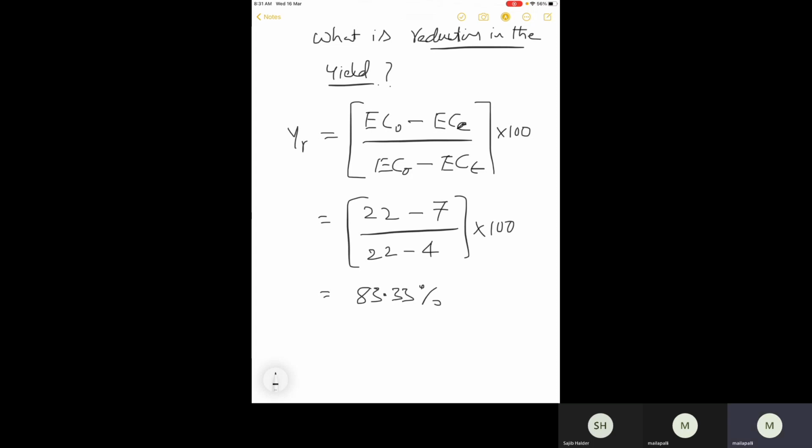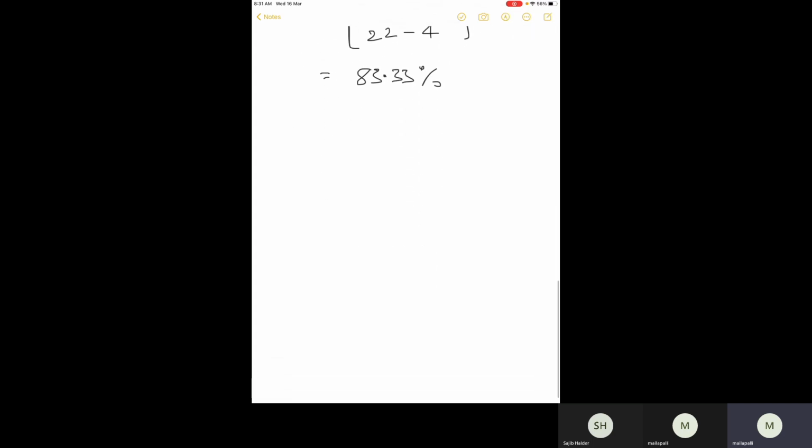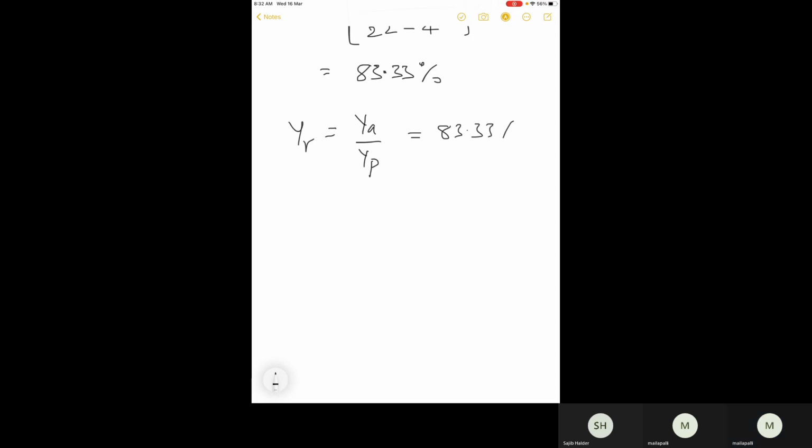Okay, and therefore, sorry, this is the relative yield. You have to find out the yield reduction. So in order to find the yield reduction, let's see what the YR is. YR is equal to actual yield divided by potential yield, right? So what you got is 83.33%.